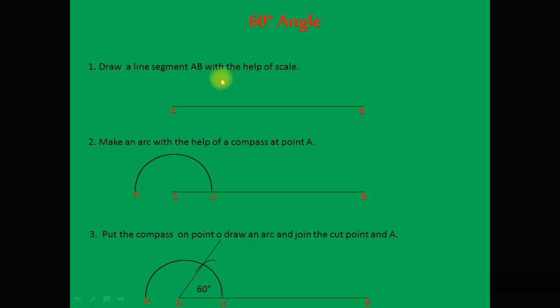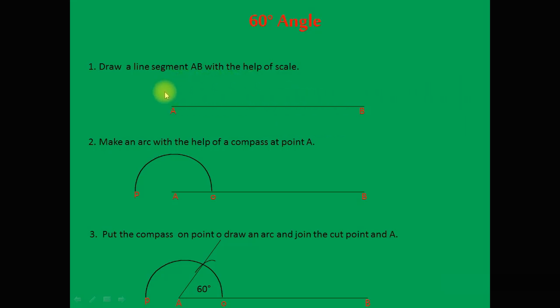If you are given the measurement of the line segment, then draw it according to that measurement. But you can draw a rough estimate line AB. Suppose we draw a line AB of 4 cm, 3 cm, or 5 cm.